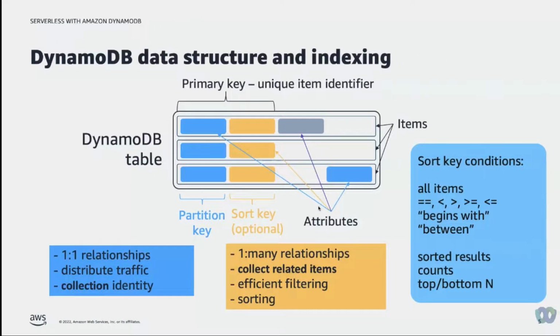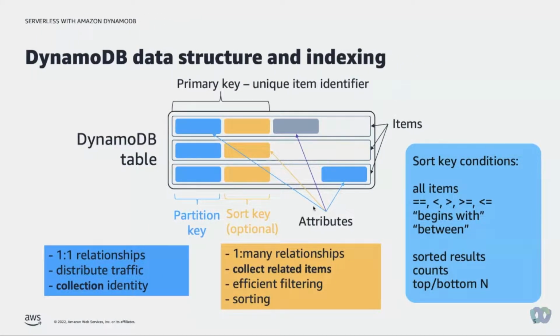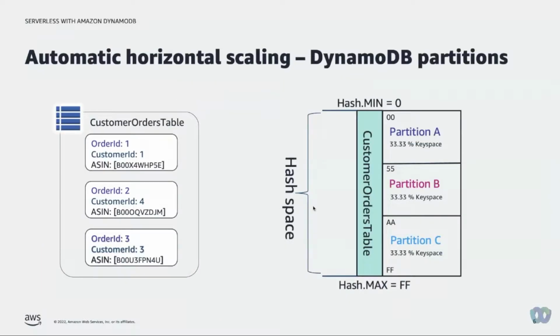We can just retrieve the count, the number of items matching a particular condition, or we can get a certain number, right? We can say, give us the first 5 or the last 3 within that sorted collection. So it's a very powerful construct, I think, that is not just limited to here's a key, give me a value. When we can extend into a sort key and have item collections, we can do so much more.